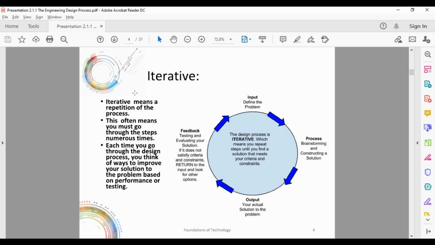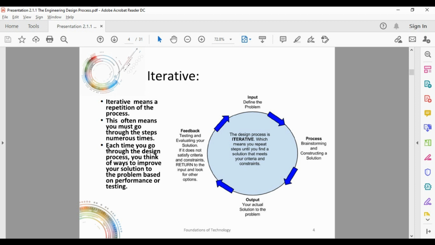That's an iterative process. Or sometimes you just have to do things multiple times. In baking, something that I just worked on this weekend, you have to mix up a dough, let it rise, punch it down, mix it up again, let it rise, and you have to do that a couple of times. All of these are examples of iteration where you go through the same or similar process multiple times.